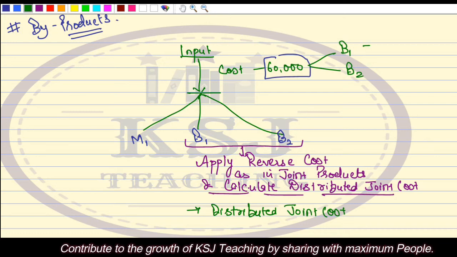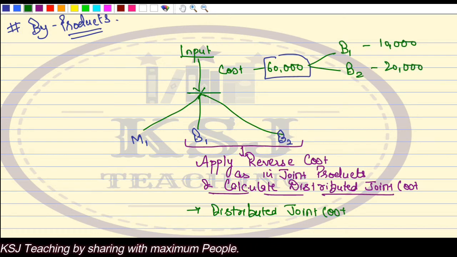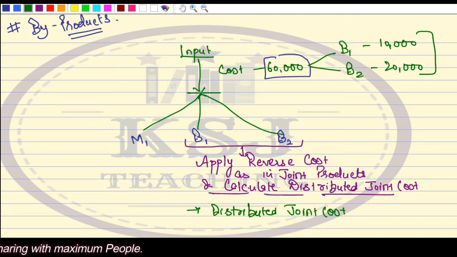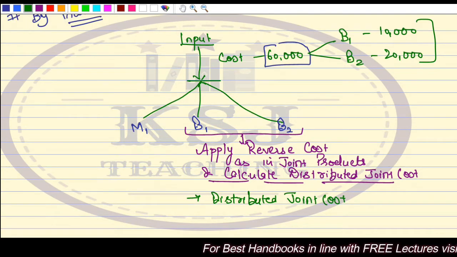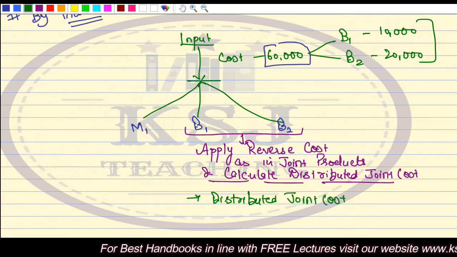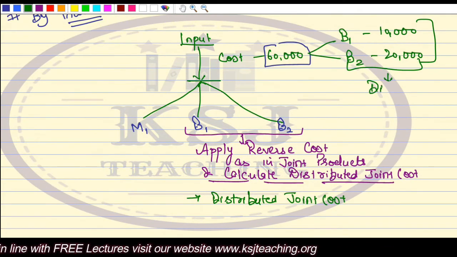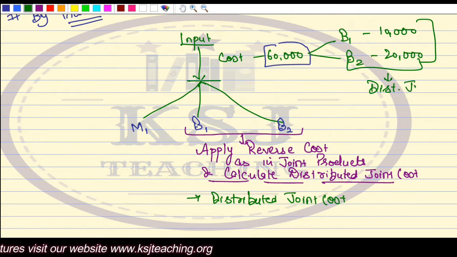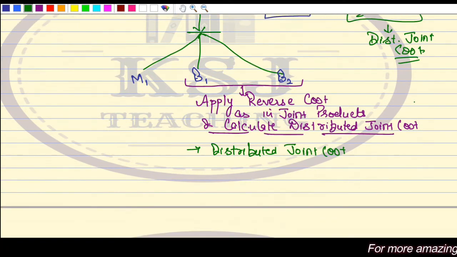Say this is 10,000 and this is 20,000, right? So out of 60,000, B1 is 10,000, B2 is 20,000. This is what I'm calling distributed joint cost, the share of the byproducts in the total joint cost.